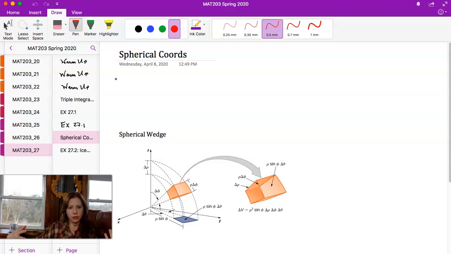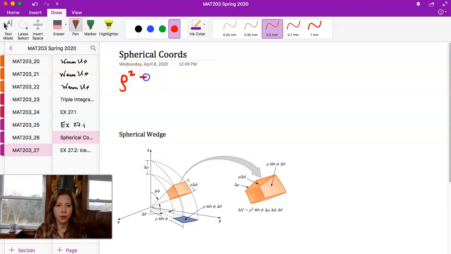So the Greek symbol rho. And this does make me a little nuts because in physics, we still use r in the definition of spherical coordinates, but I'm going to stay consistent with your book and use rho, but just know that rho is very similar to radius.